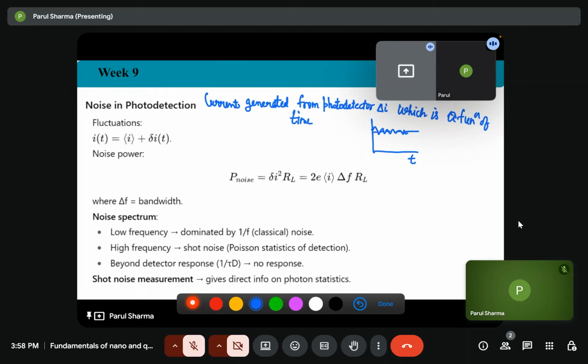So the fluctuations are a function of time.